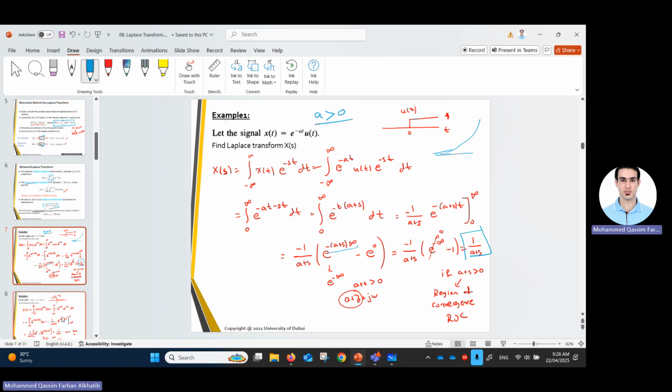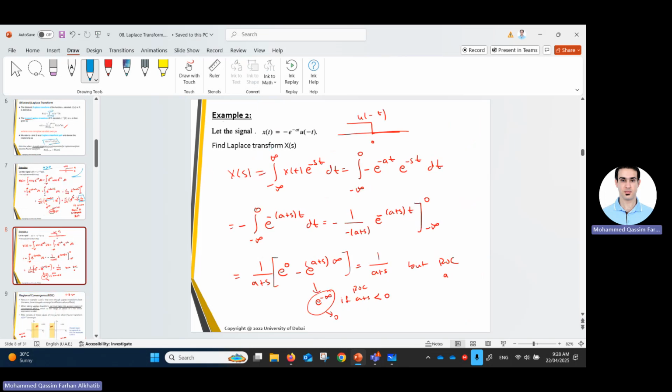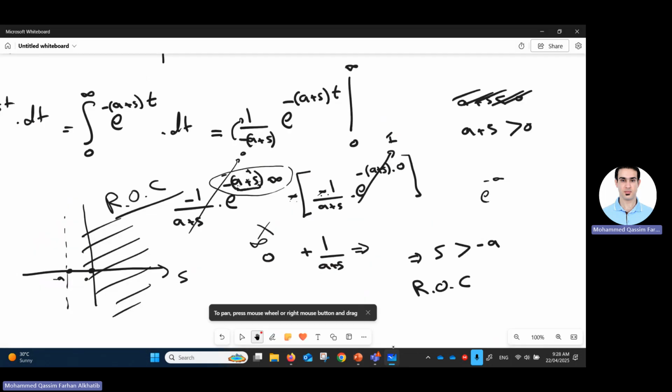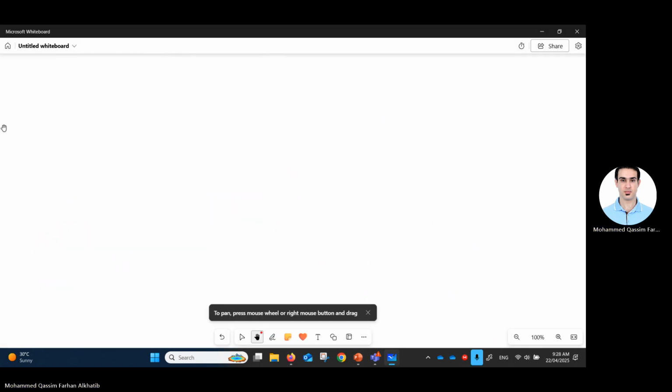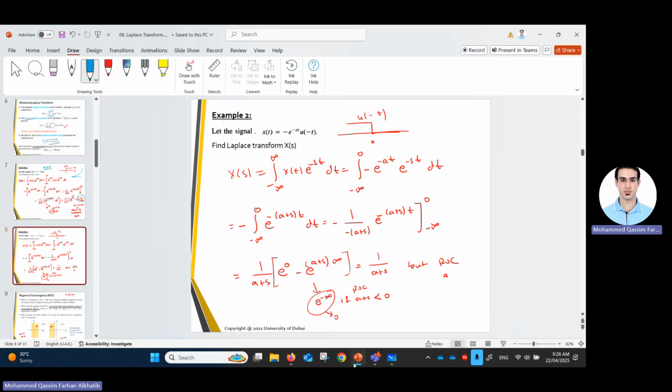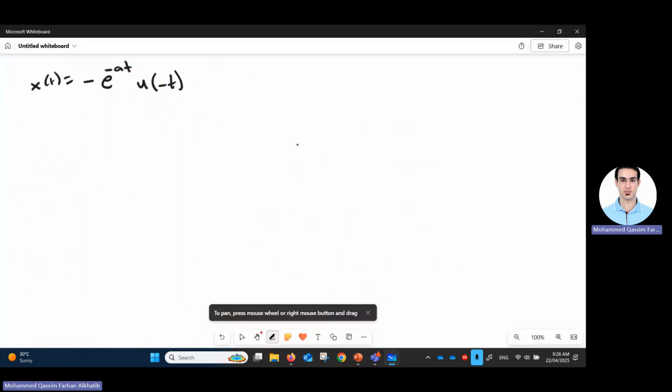All right, now let's see this other example. X of t equals negative e to the power negative at times u of minus t. So let's take it here. Another function, x of t equals negative e to the power minus at u of negative t. Let's confirm it's exactly the same. Negative, yes. All right.